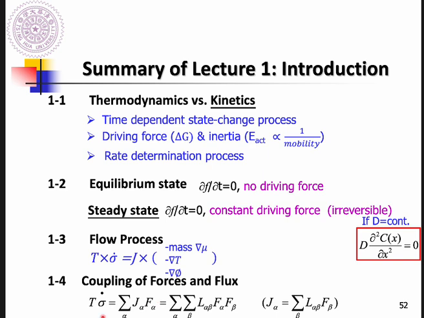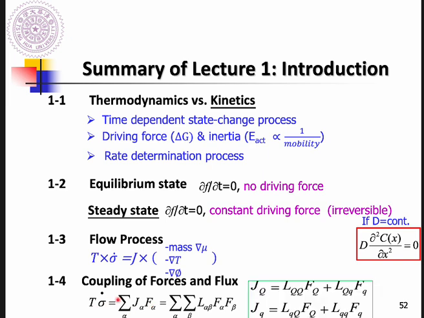So the most important part to me is how to calculate the sigma dot in various systems. First, you need to figure out how many driving forces are acting on these materials and what they are. As long as you know what they are, you can use the flux-force relationship to know the flux. As long as you multiply them together and sum them, you can get the sigma dot. Okay.